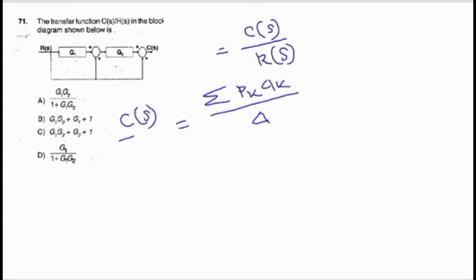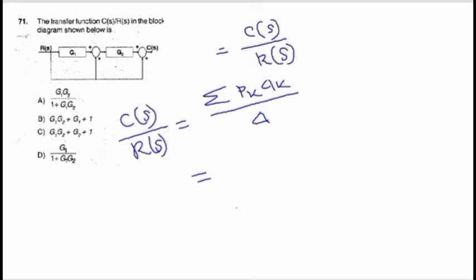C(s) by R(s) is actually the transfer function we are looking for. Pk is the kth forward path and delta k is related to the corresponding kth forward path, divided by delta. We can see that there are total 3 forward paths.